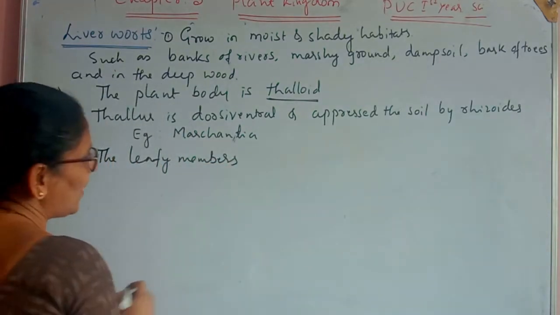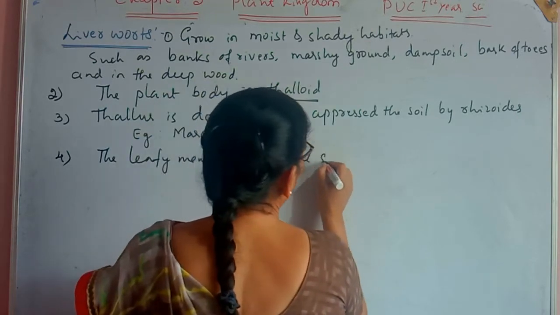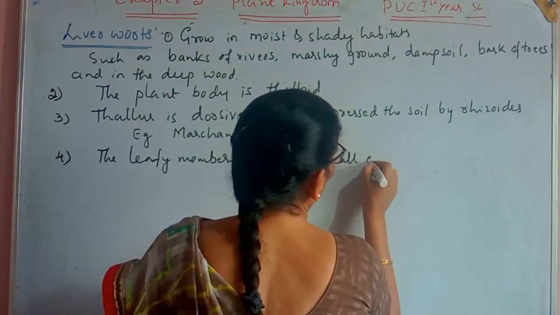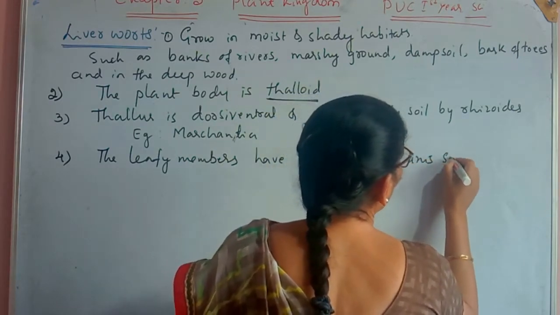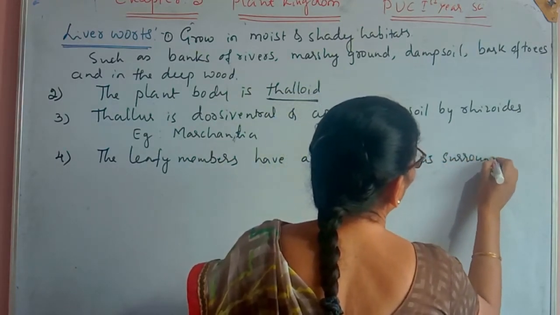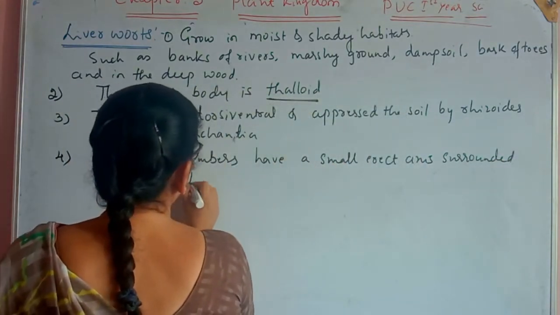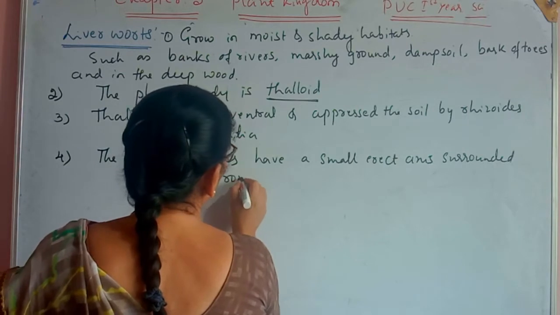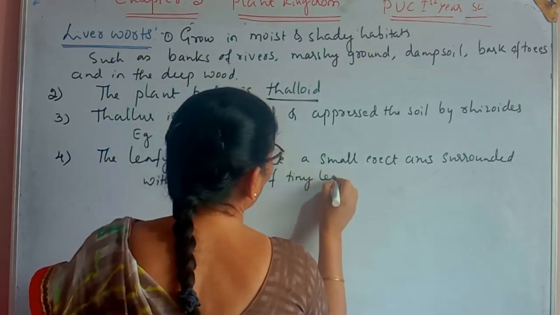The leafy members have a small erect axis surrounded with two rows of tiny leaves.